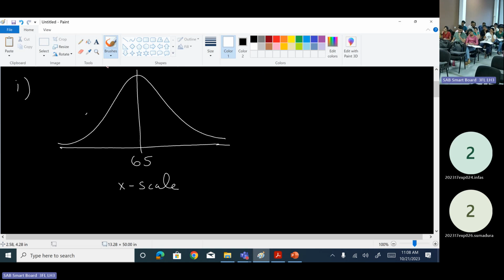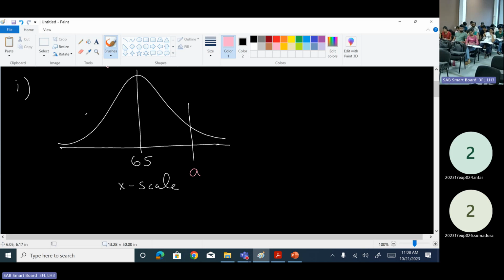But they say only 5% are getting this. Therefore it should be a value somewhere here, a value we don't know.